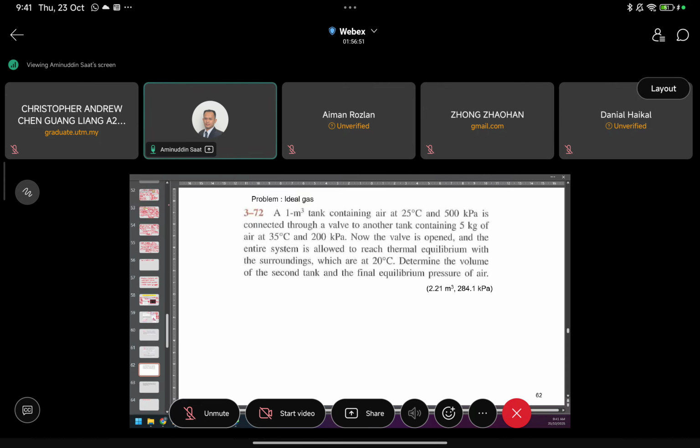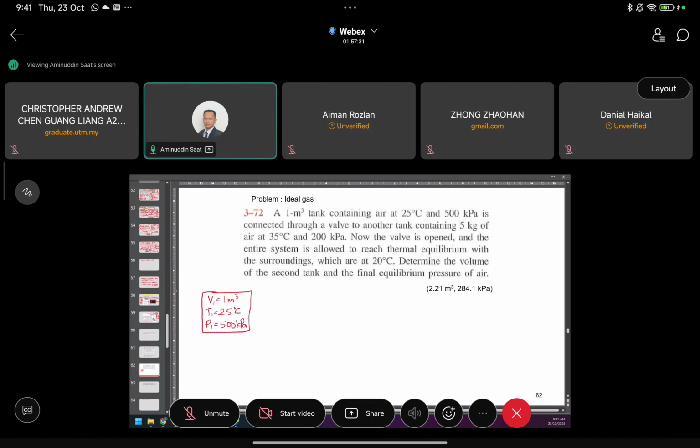So you have a tank, the volume is 1 meter cube, temperature of 25 degrees Celsius, pressure at 500 kilopascal.